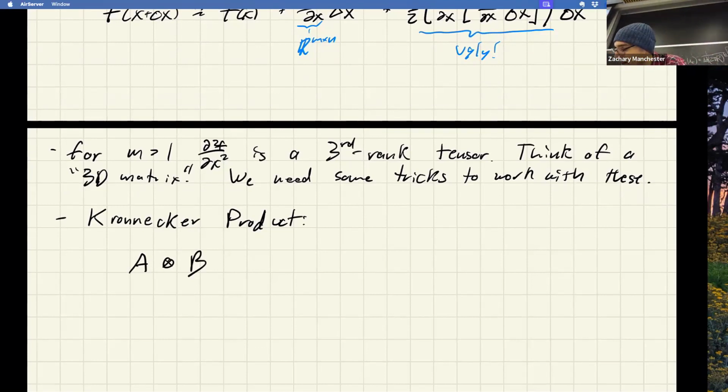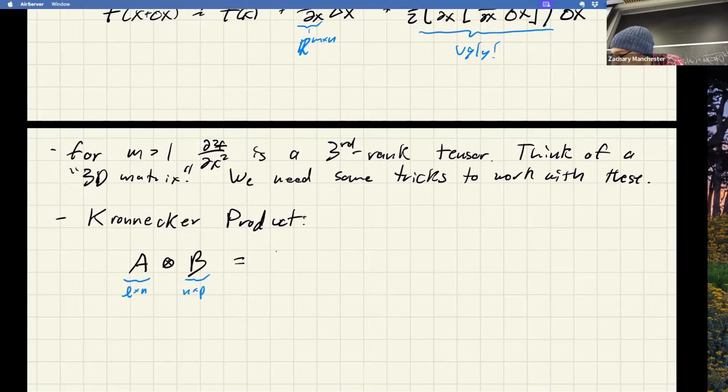Let's say this guy is L by N, and this guy is N by P. What this is going to do is take the matrix on the right, B, and make a really giant matrix as the output that is each scalar element of A times the entire matrix B. So imagine taking every single scalar in A and expanding it by multiplying it by the whole B matrix.